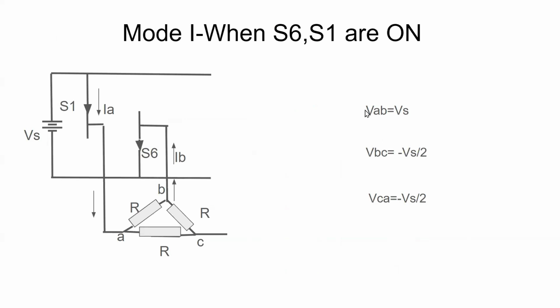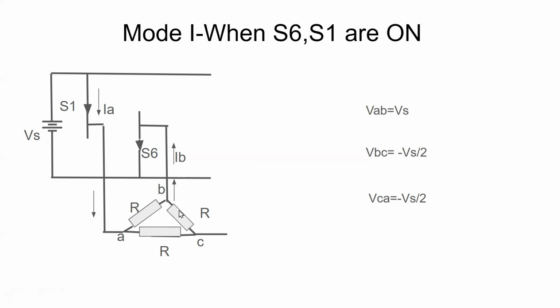This is mode 1, during which S6 and S1 are in the on condition. The load is connected to the source through S1 and S6. The A terminal of the load is connected to the plus of Vs through S1. B terminal is connected through S6 to minus of Vs, and C terminal is kept open.